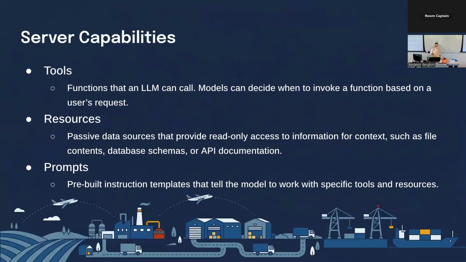And then the last thing that MCP servers can provide, and this is not something we will be using today, are prompts. They're prompt templates, really, but they're ways to tell the model how to work with specific tools and resources. And those are usually generated during like the elicitation process.